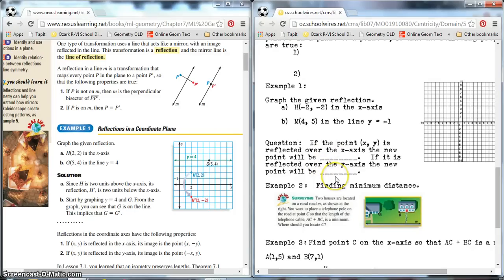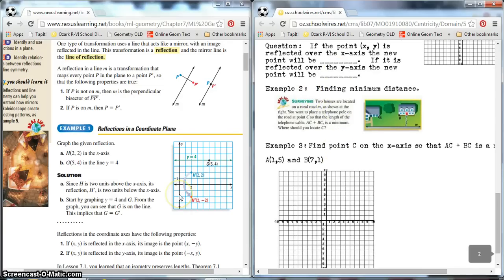So that's in general. I want you to check that with me to make sure that you understood that and that you wrote that correctly, since I can't write it there for you. We do want to just double check to make sure everybody has the correct answer, but there should be in this blank a negative x comma positive y, and put parentheses around that. All right, example 2.